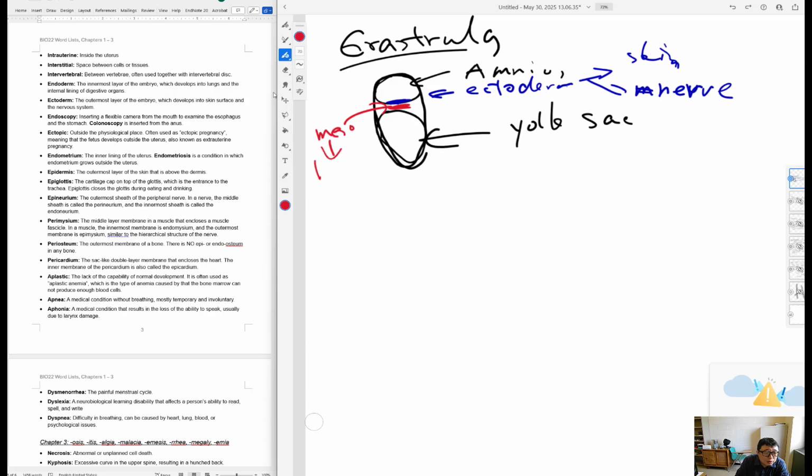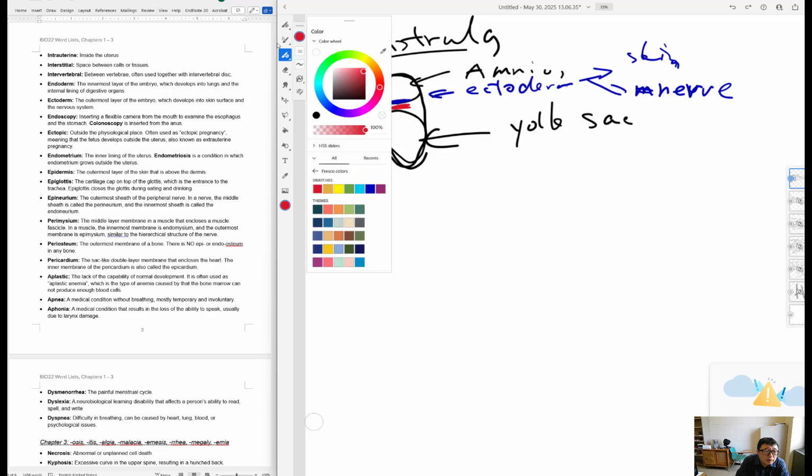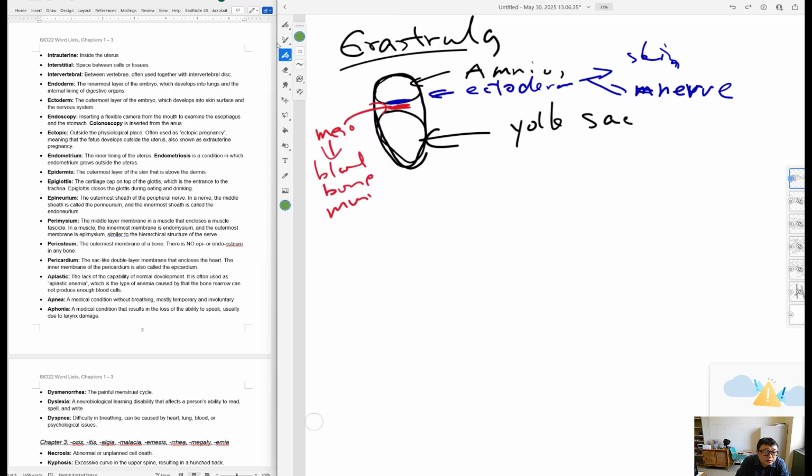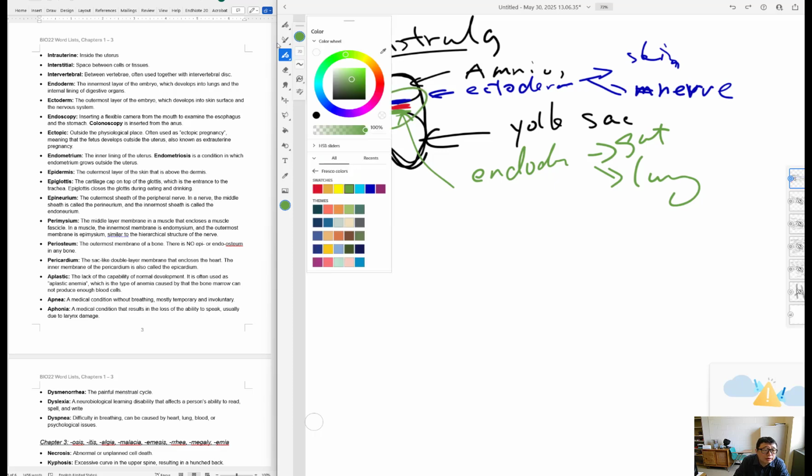Mesoderm will lead to blood, bone, muscles, etc. And then the lowest part, I use green here, the endoderm. Endoderm develops into the guts and lungs. So this is a very, very critical stage of embryonic development.